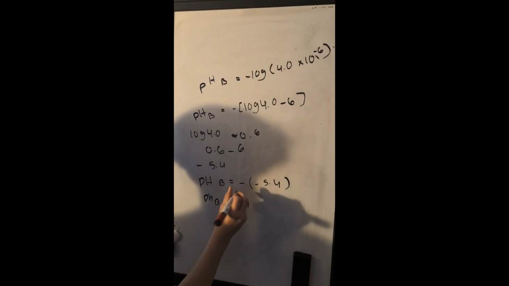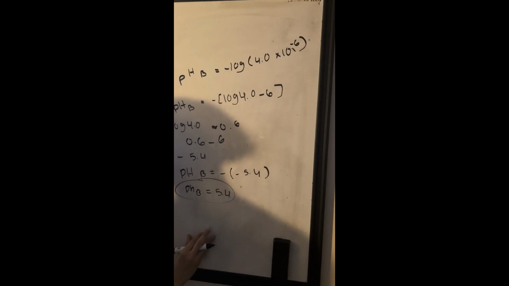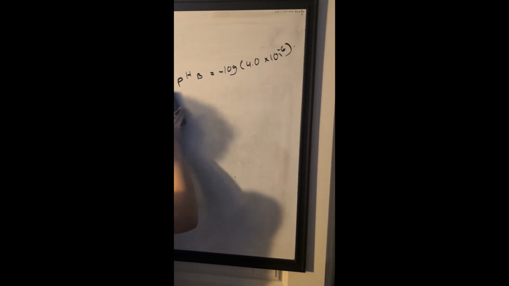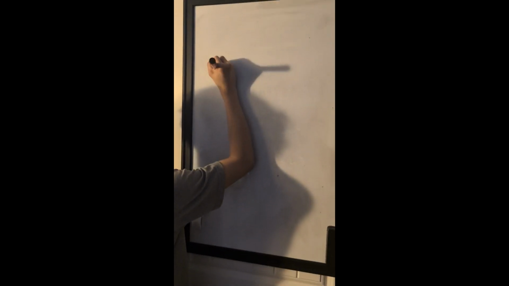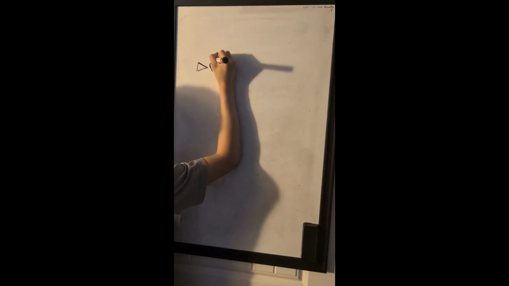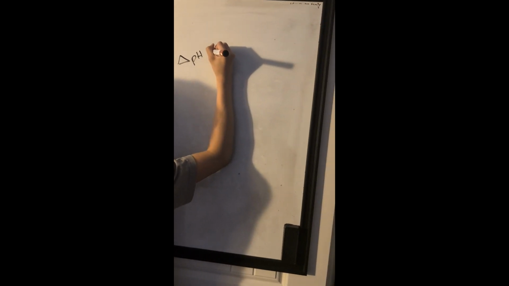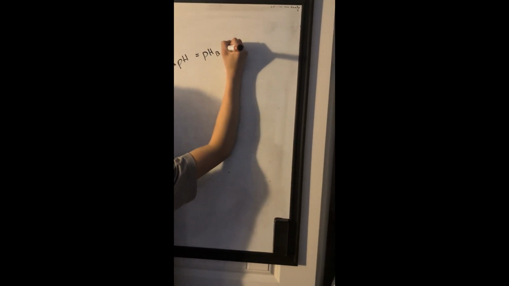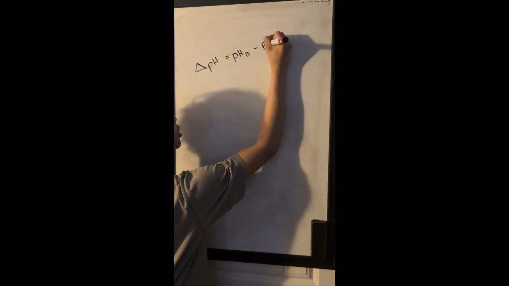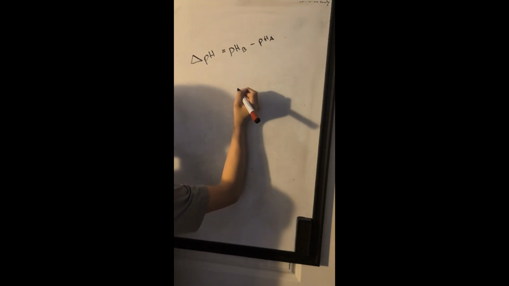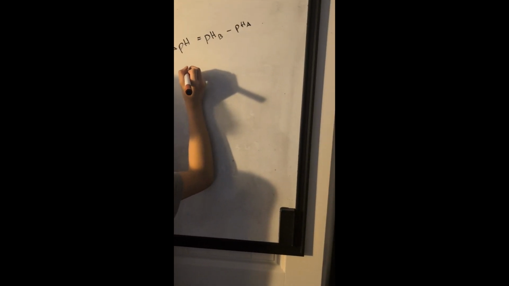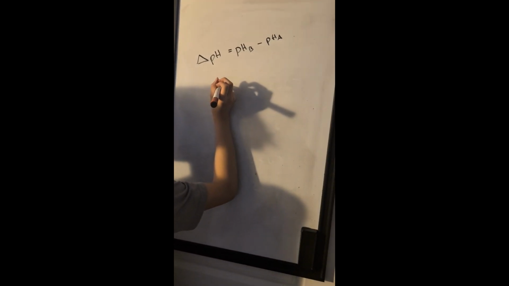And now since we have this, we can find the change in the pH. With this, we can use the equation delta pH is equal to pH B minus pH A. And now we have both pieces of information. pH A is 3.7 and pH B is 5.4.